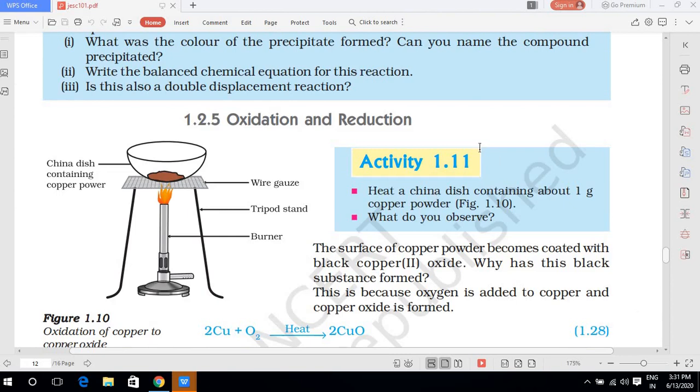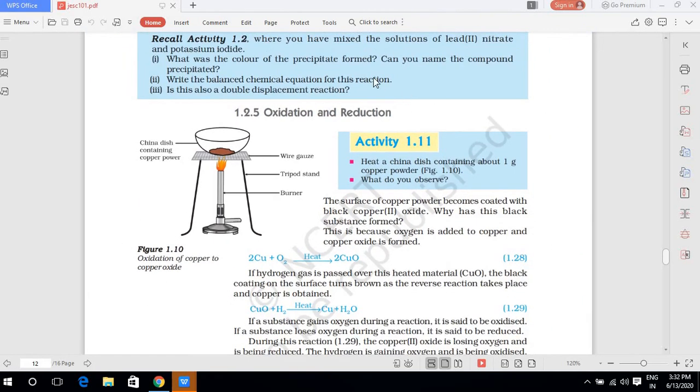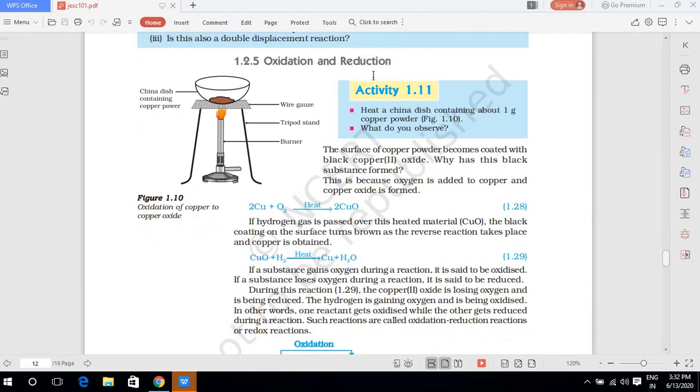And after that, the last chemical reaction is oxidation and reduction. Oxidation and reduction reactions are also similar to the above mentioned reactions, but they are isolated in the way that they involve the taking in and losing of oxygen.